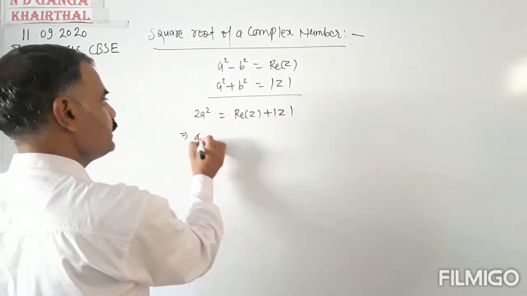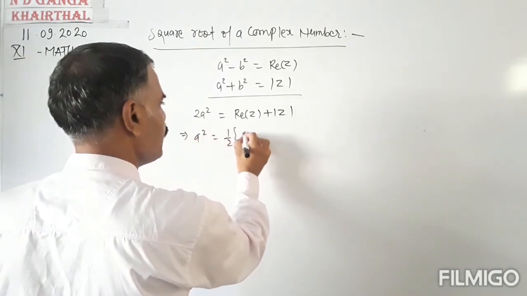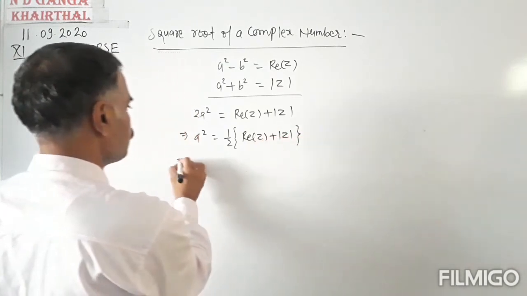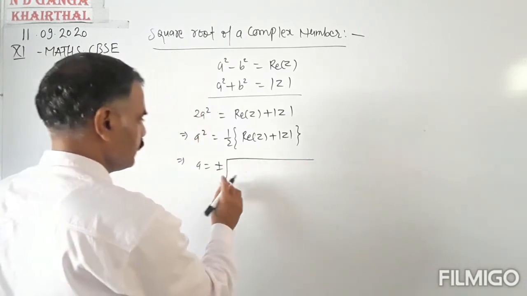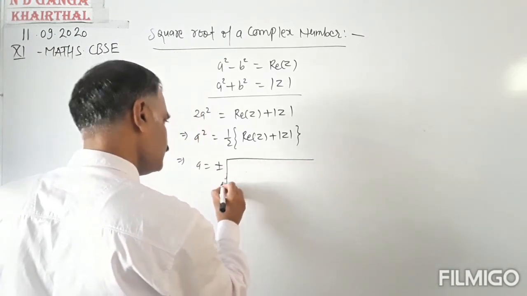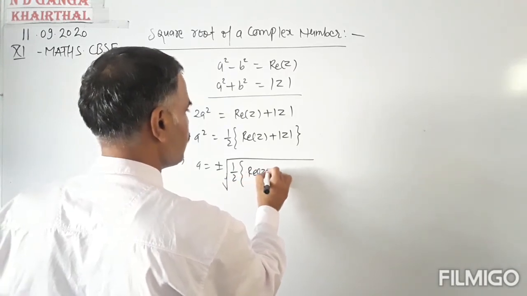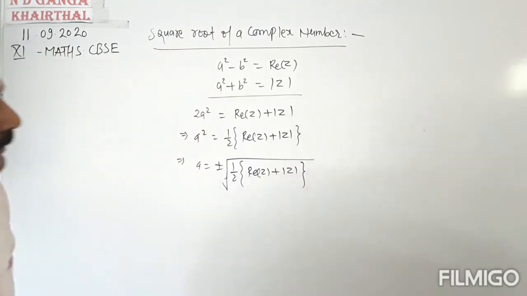So a square equals half of real part of z plus magnitude of z. So a equals plus minus under root half of real part of z plus magnitude of z.